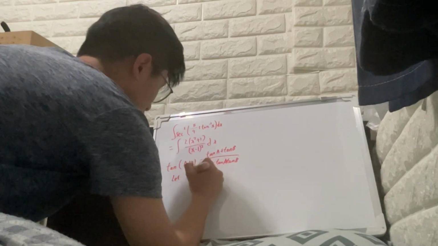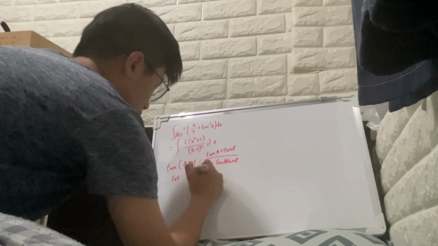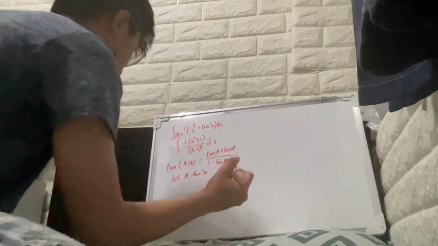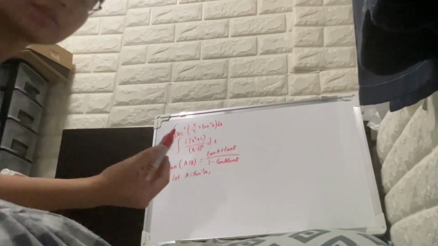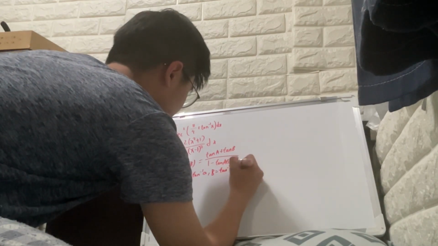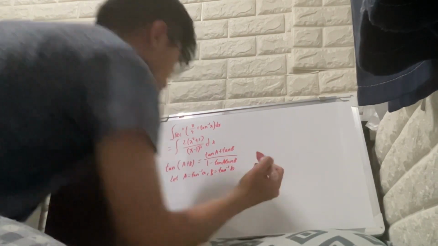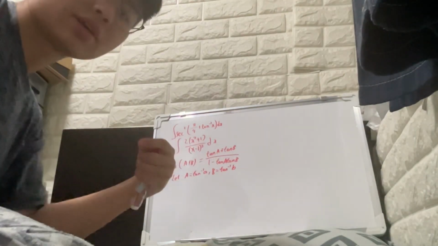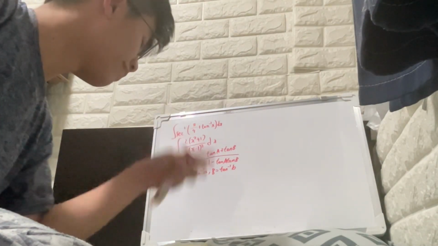Let big A be inverse tangent of small a, and B equal to inverse tangent of b. We always use a and b as the length units.